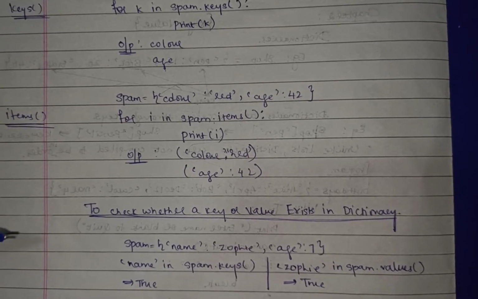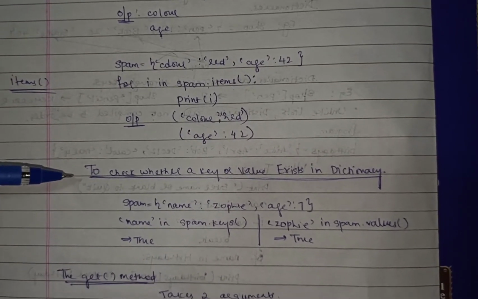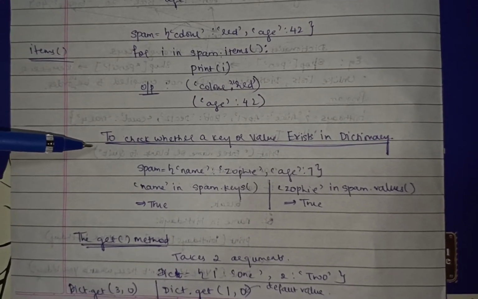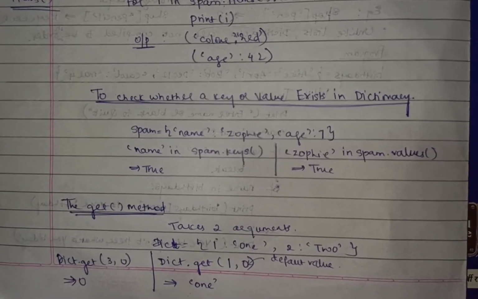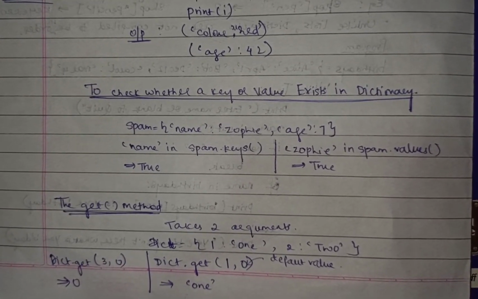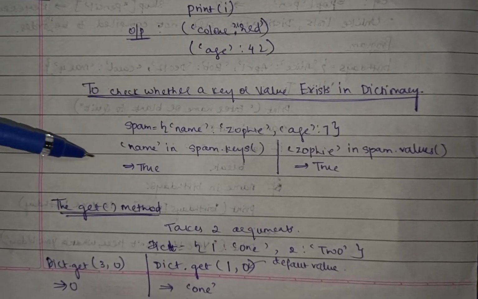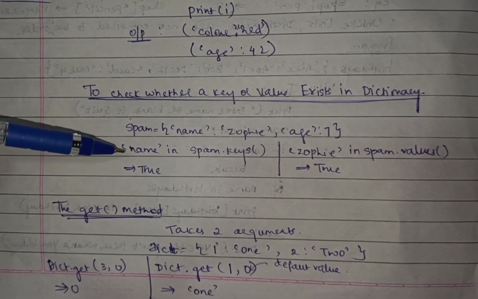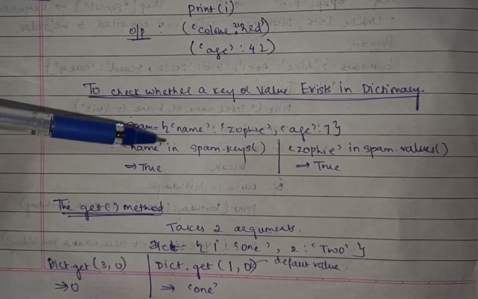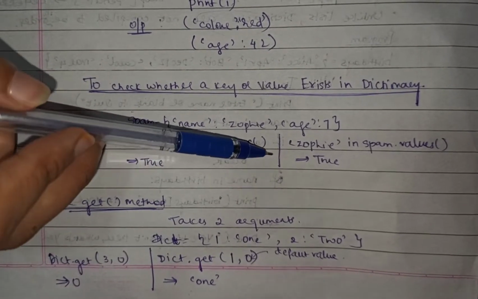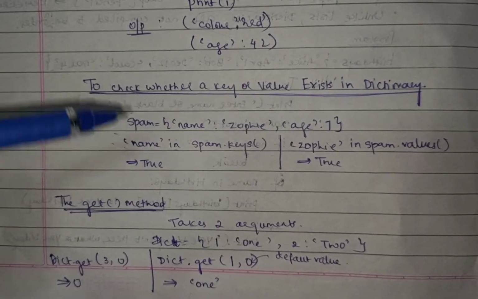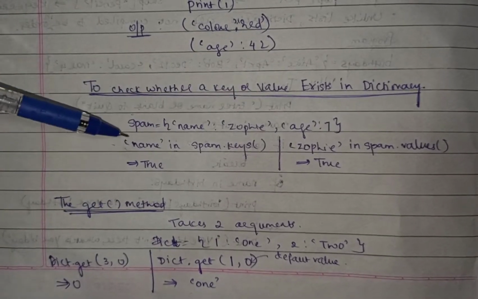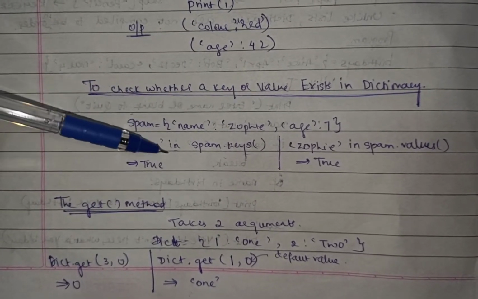Coming to checking if the key or value that you want exists in the dictionary. So you have a dictionary spam, and suppose you say 'name', that is in quotes, in spam.keys. So spam.keys has all the keys in the dictionary, so it will check if name is a key in the dictionary spam.